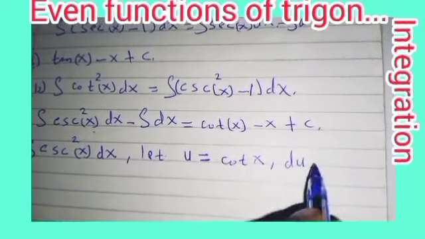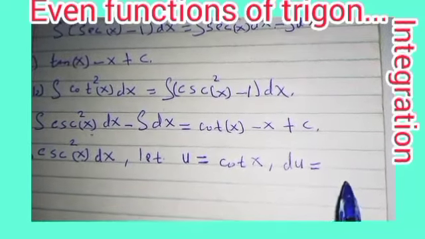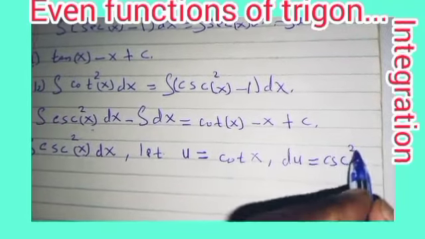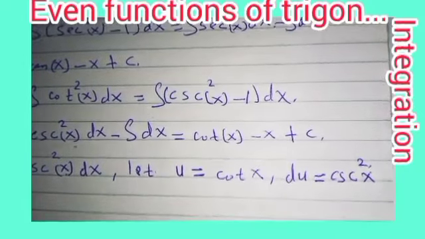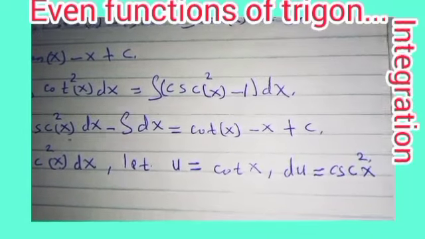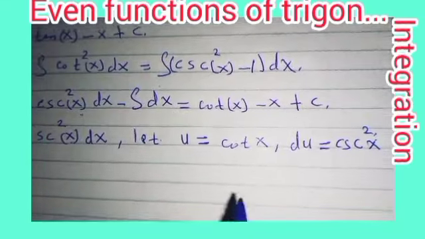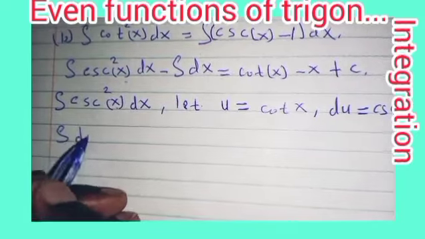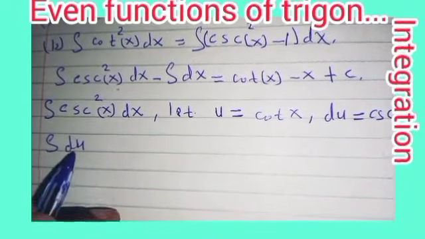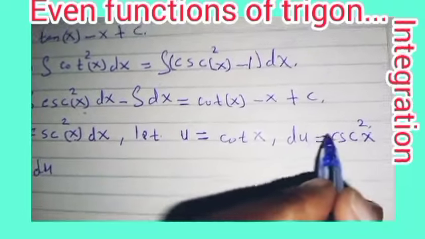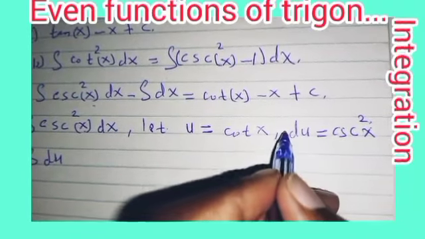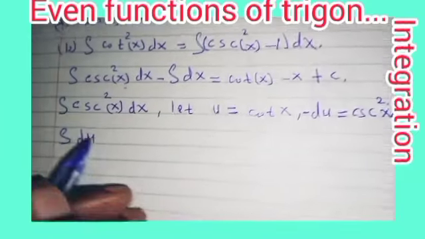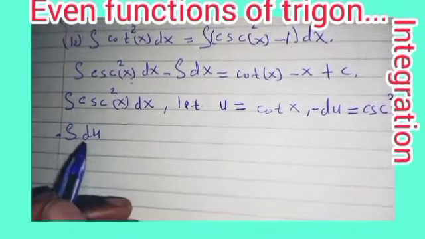Then our du will be given by cosec of x squared, so this can be written as du. Of course, there is a negative here. This is dx, so negative outside.